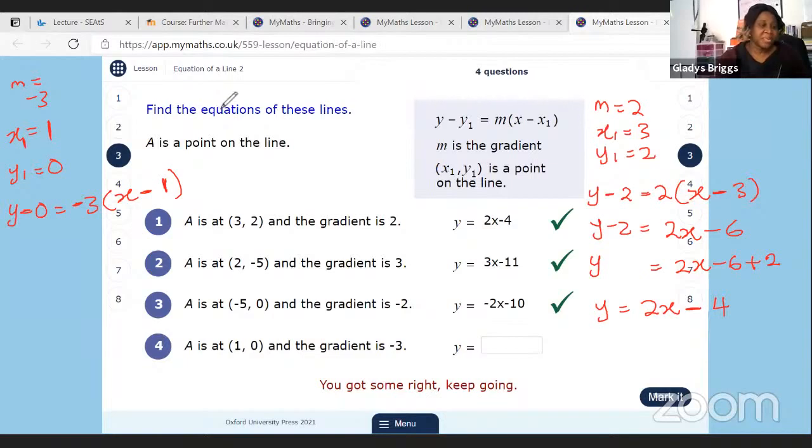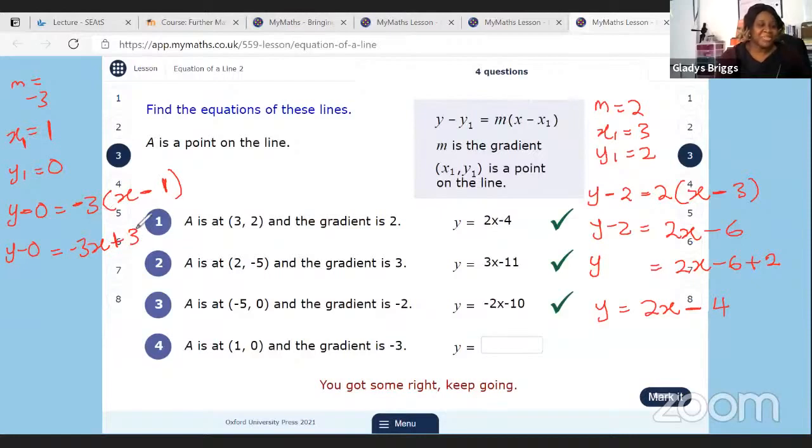Okay, and now y minus 0 is equal to negative 3x plus 3.